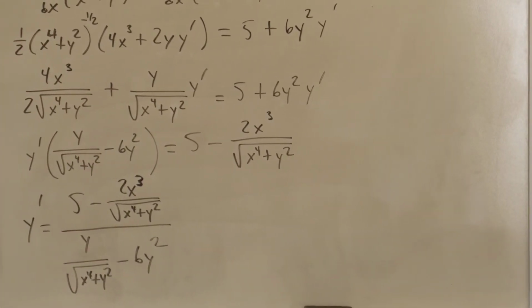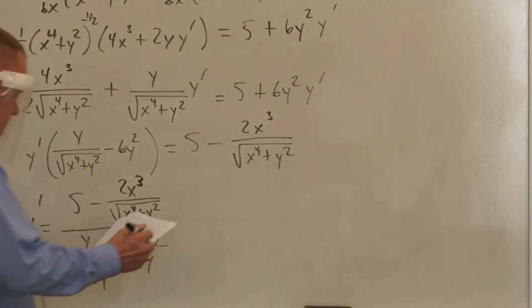Now, I don't need to have fractions inside fractions. That's never acceptable, right? So all you've got to do here is just think, what is my least common denominator of all my fractions in the numerator and the denominator? Well, the only denominator I've got besides 1 is root of (x to the 4th plus y squared). So multiply the top and bottom of the fraction by root of (x to the 4th plus y squared). Okay?